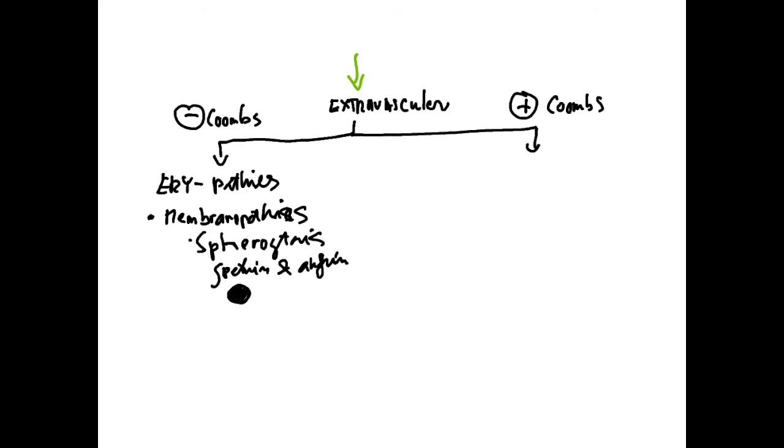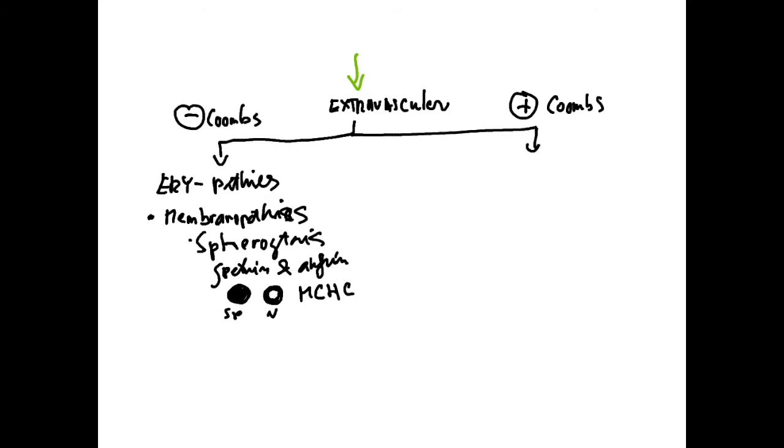Normal erythrocyte should have like a central pallor because it's biconcave, this is a normal one, but this is a spherocyte because it's full of hemoglobin and it's beautifully red, and it has increased mean corpuscular hemoglobin concentration.